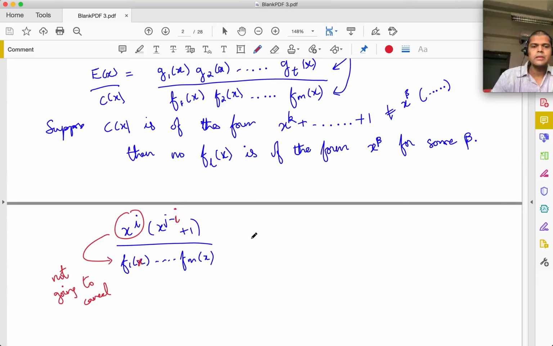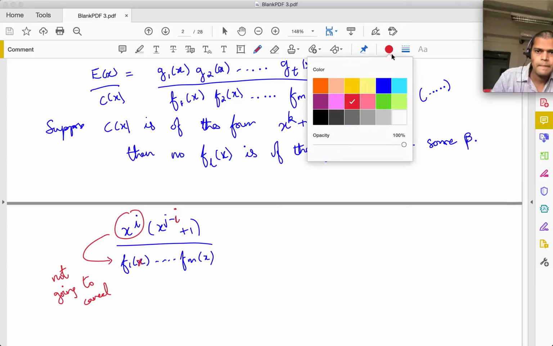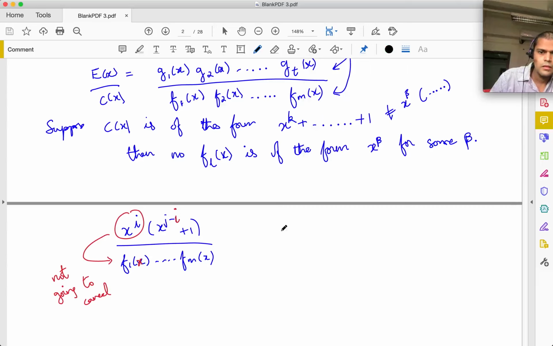Okay? But we have to be very careful over here, because we are not dealing with binary polynomials. It's possible that something of this form, that you have x to the power of k plus something something plus 1, and you multiply it by some other polynomial, and you might actually get out something which looks like this.